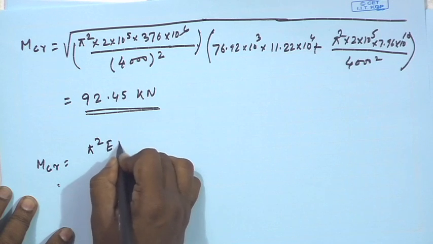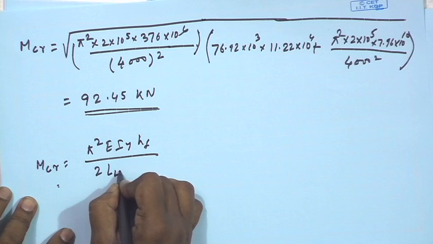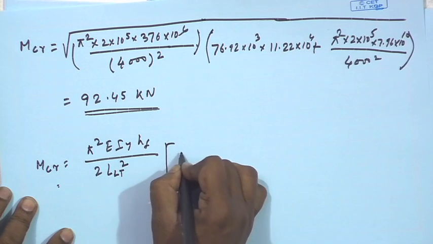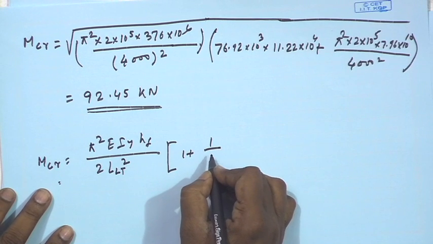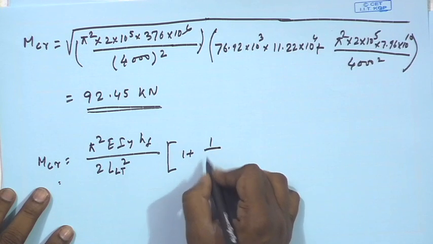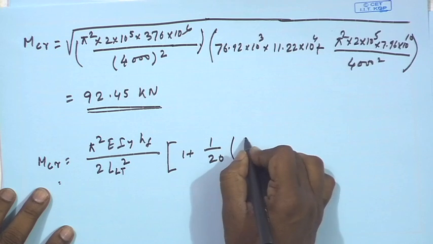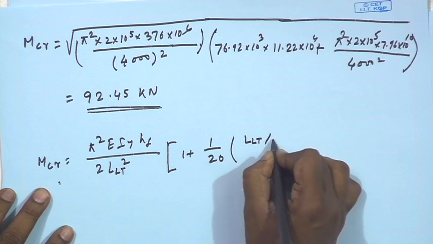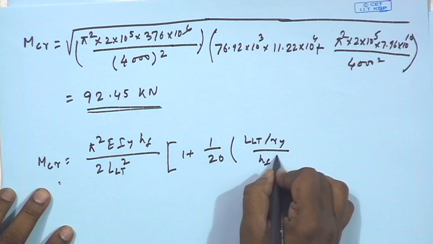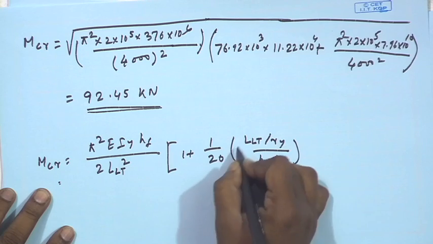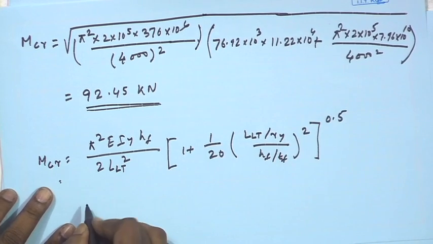pi square E IY HF by 2 LLT square. I am calculating this to check how much difference is coming in MCR values for these two expressions. So, this is 1 plus 1 by 20 into (LLT by RY by HF by TF) whole square, to the power 0.5.